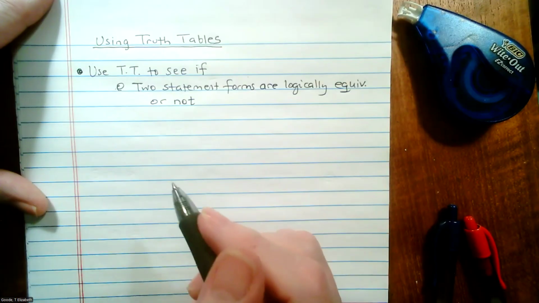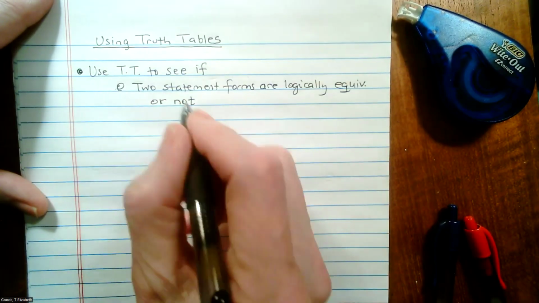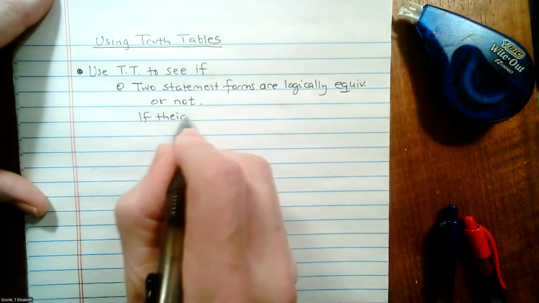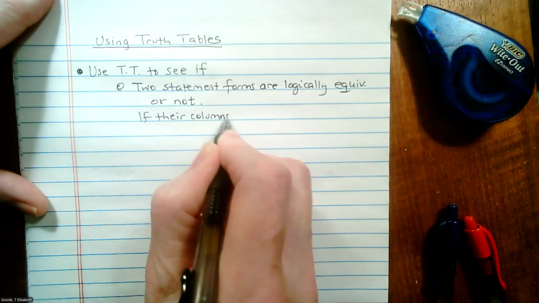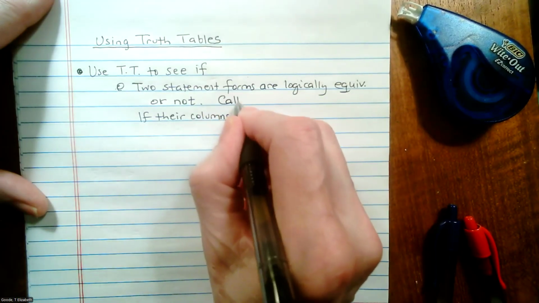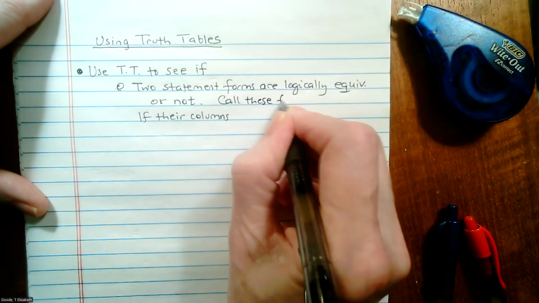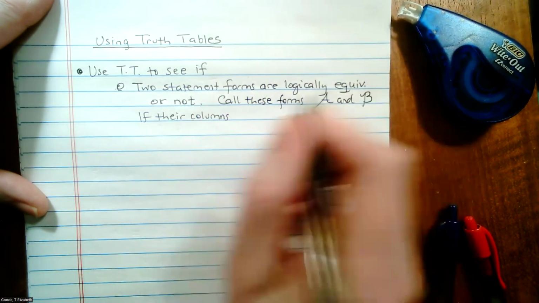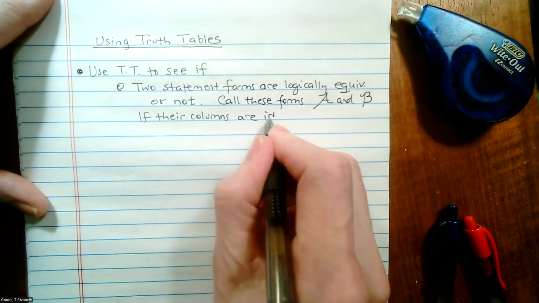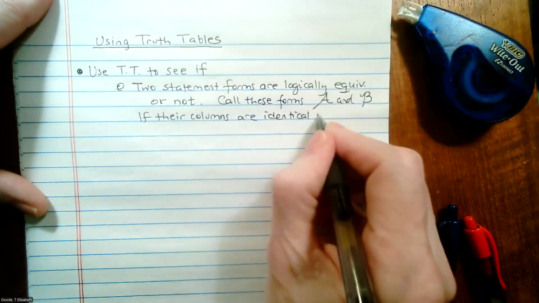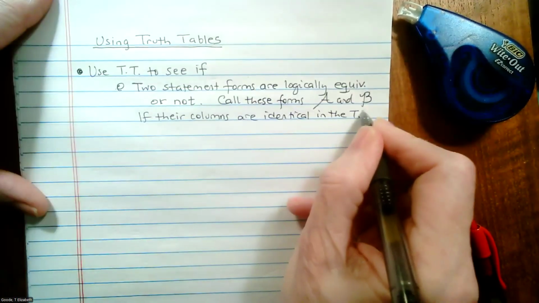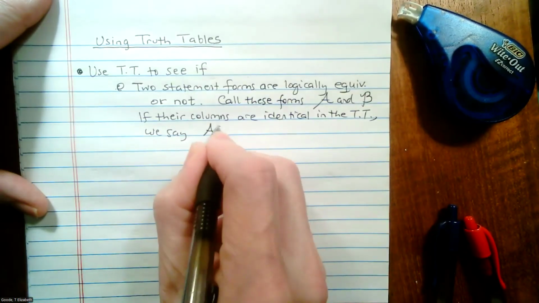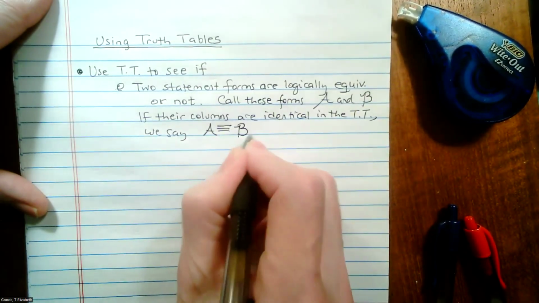When we compare the columns, if their columns are identical, we can call these forms, let's say, curly A and curly B. If their columns are identical in the truth table, we say curly A is logically equivalent to curly B.